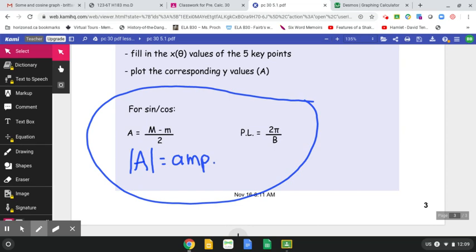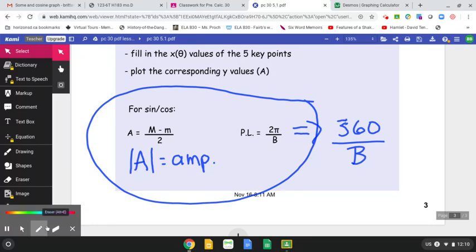And then your period length is just 2 pi divided by B. Or if you are in degree mode, you should have 360 divided by B. So you got to check whether your question's in degrees or radians. So that is going to wrap up 5.1.